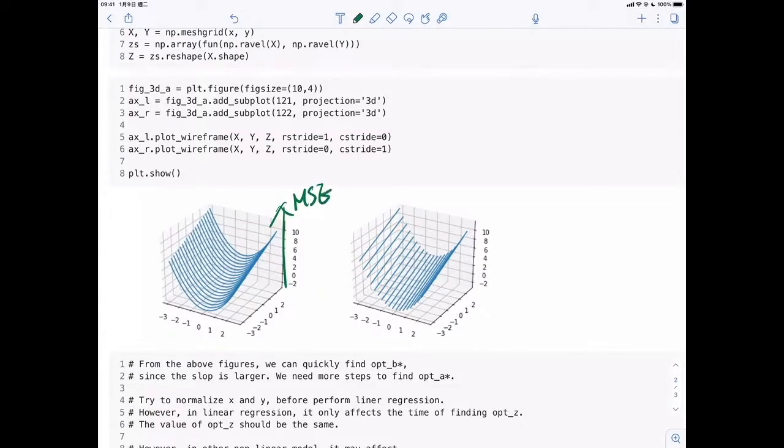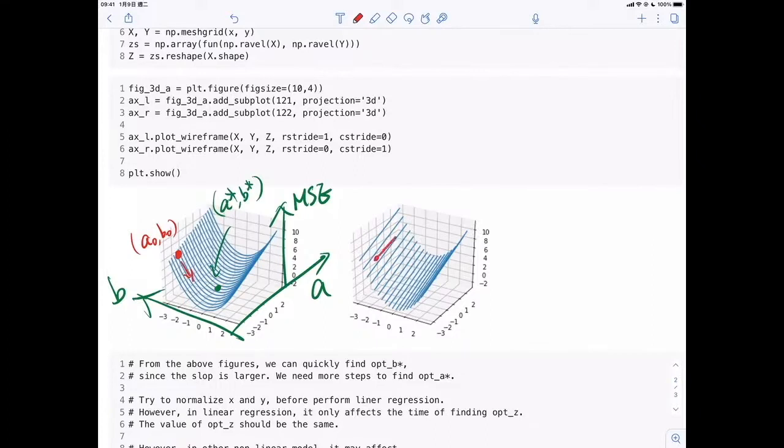Okay, for example, if we have two parameters right here, one is A, one is B. As we mentioned before, usually we don't know how to find the optimized values, A star, B star. One strategy is to randomly select one value, which is A0, B0, right? So we do partial differentiation. It tells us to go this way. The other one says go this way.